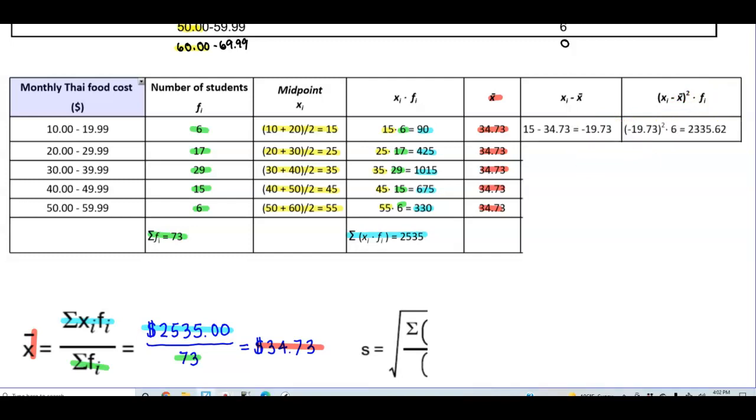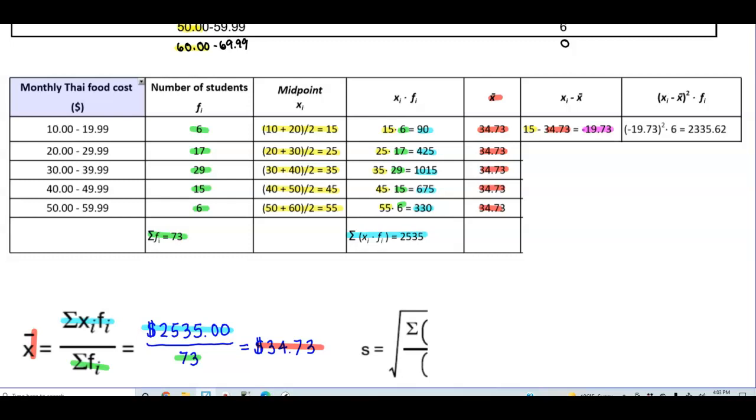We know that the midpoint is 15. What we want to do is subtract the sample mean, which is 34.73, and we end up with negative 19.73.